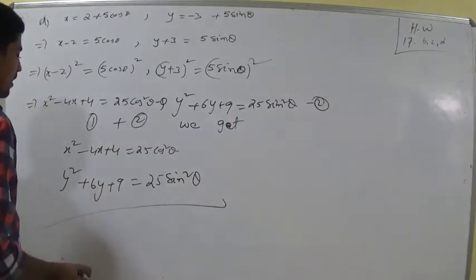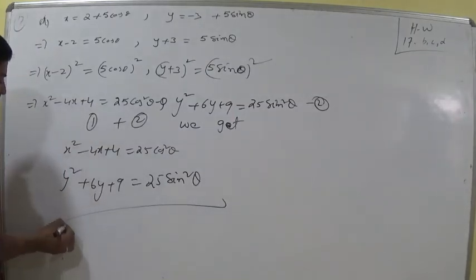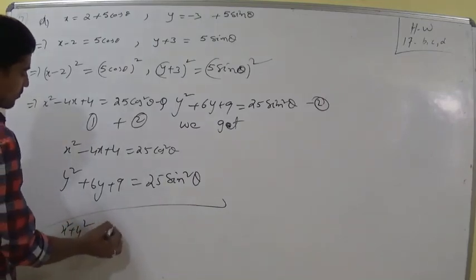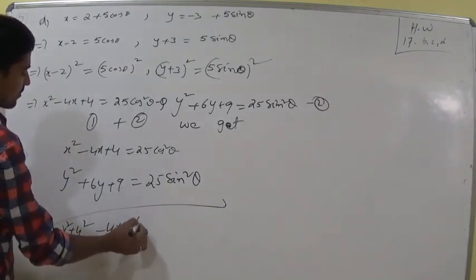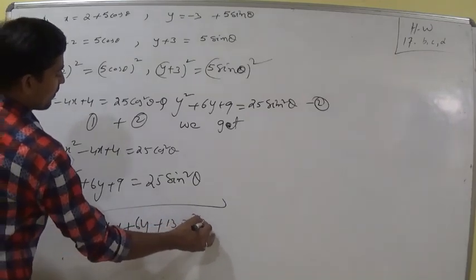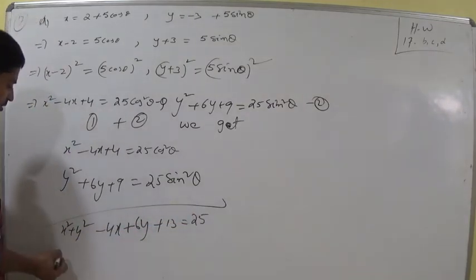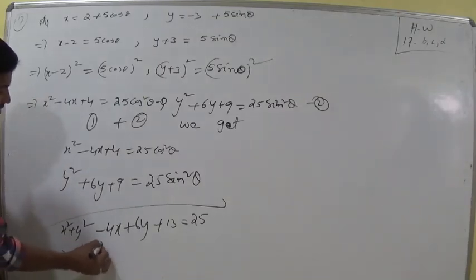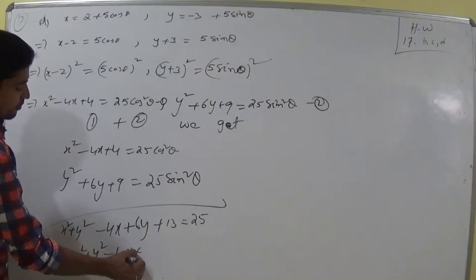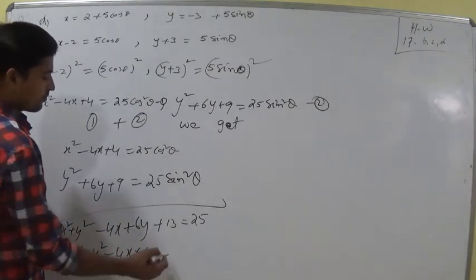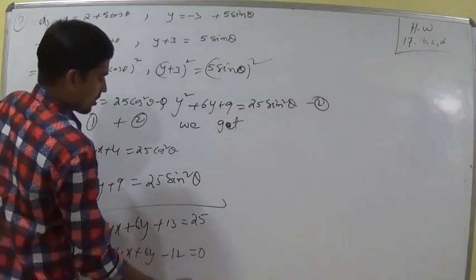Let us suppose this is 1 and this is 2. Add them. So adding them, x square plus y square minus 4x plus 6y plus 13 equal to 25, which implies x square plus y square minus 4x plus 6y minus 12 equal to 0.